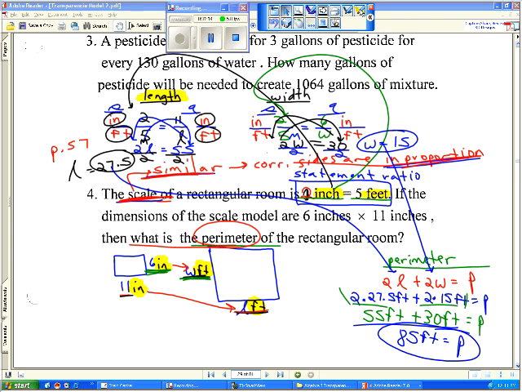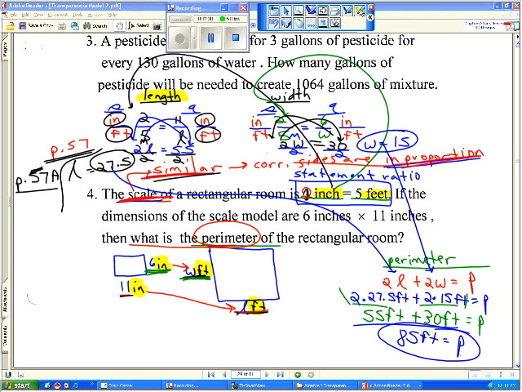Any questions on that? You will find an example of this. We begin proportions on page 57. At the bottom of page 57, we have similar triangles, which we had the definition of similar. And then on the top of page 57, in fact, the whole entire page 57A is dedicated to scale models.